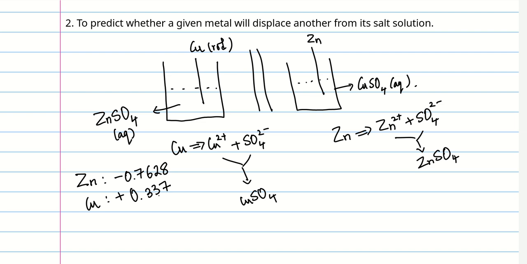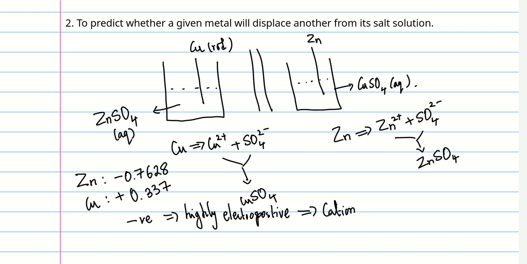And I just mentioned in the previous video that any metal which has a negative reduction potential is highly electropositive. That means it has greater tendency to form cations.